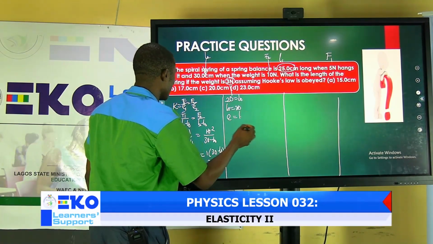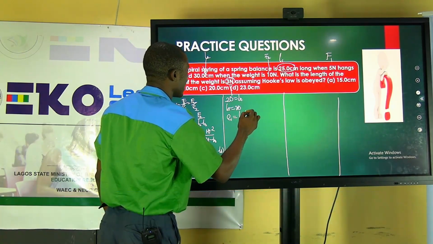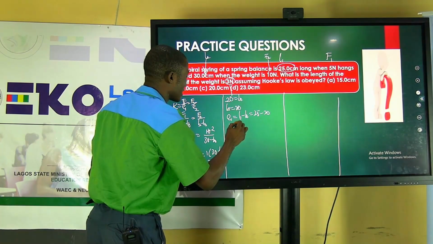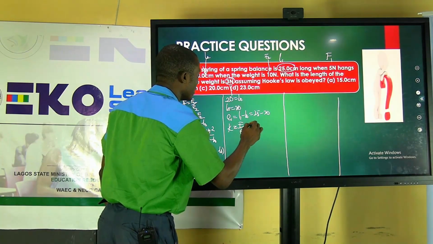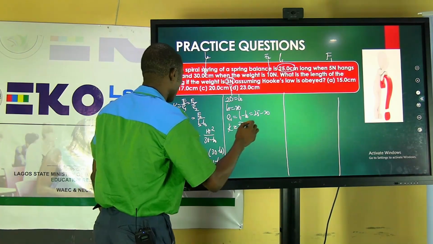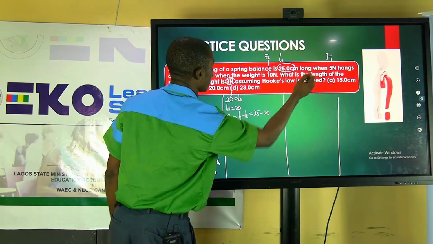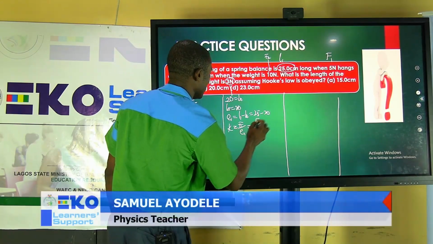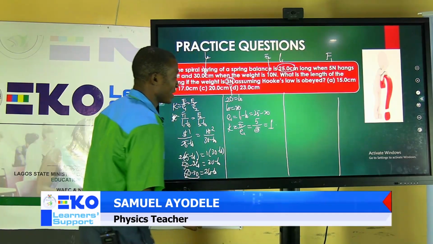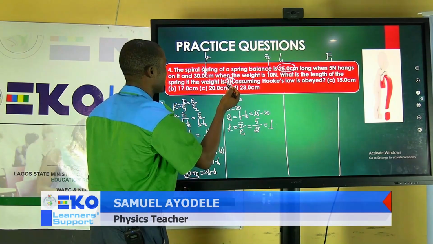Our extension, extension 1, is L1 minus L0. That's 25 minus 20. So our first constant is given as F over E, which for the first case is F1 over E1. The first force is 5, then the first extension is also 5. So our first constant is 1. They ask what is the length that we are going to have here.